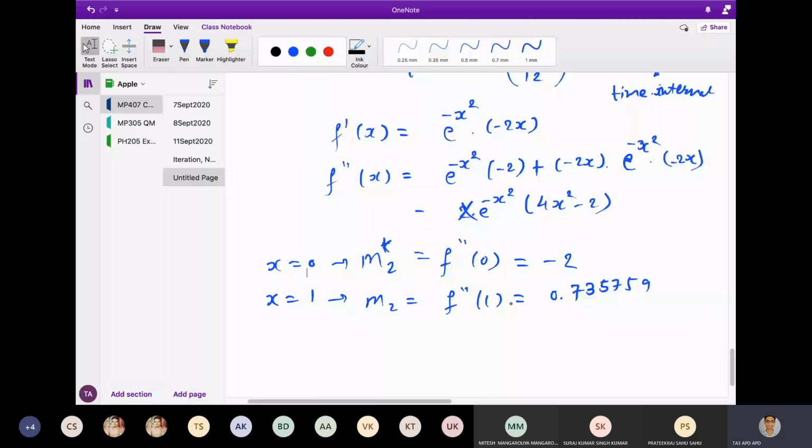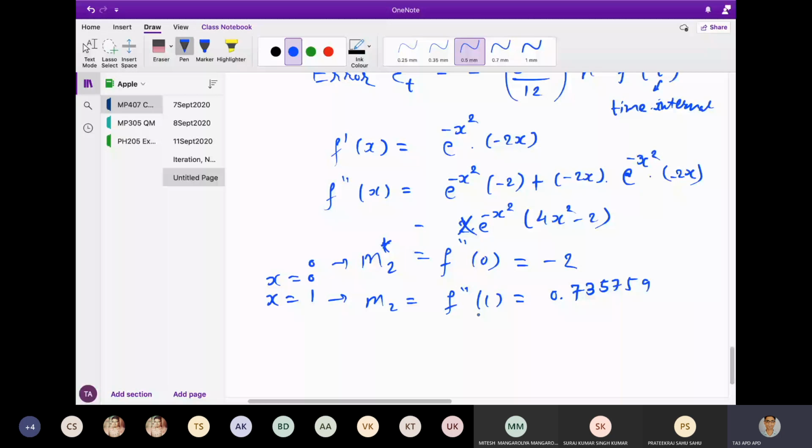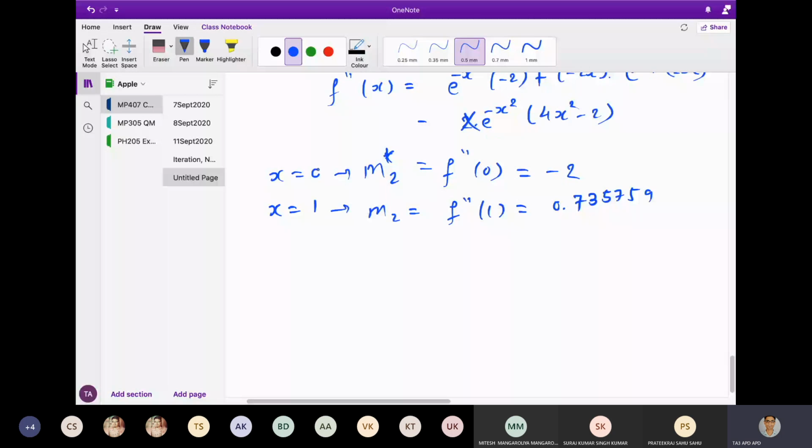Okay. So for that, you will have the error estimate. Generally, it is given by, so I have just taken some symbols.